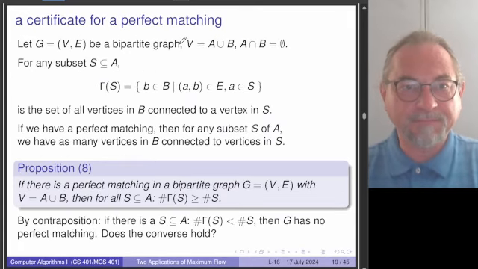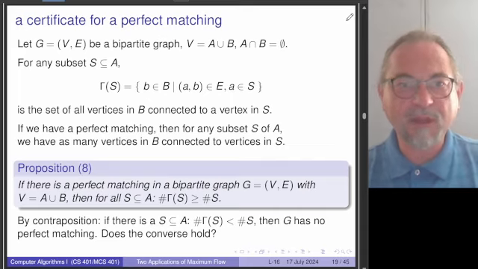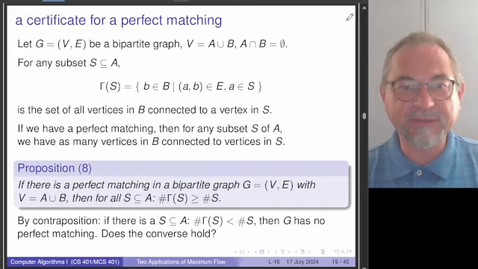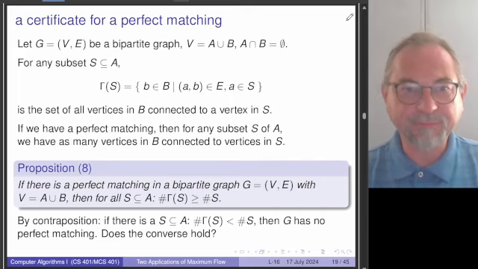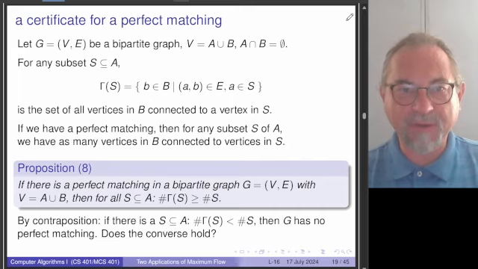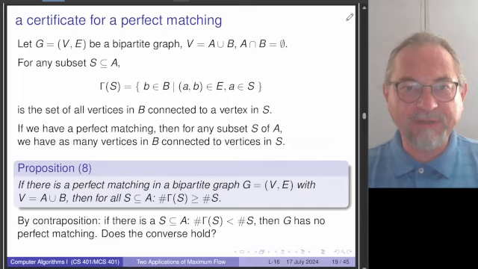Okay, again, how come that this is a certificate? Well, here I have again the definition of this gamma for a subset. We are starting with a bipartite graph.